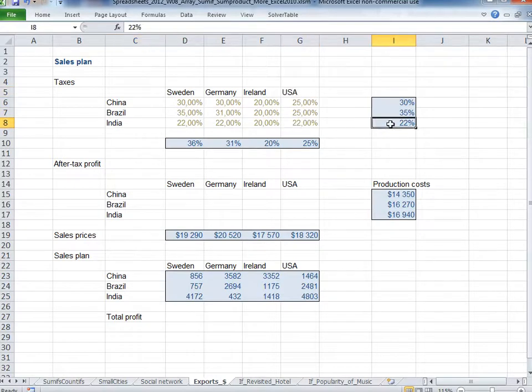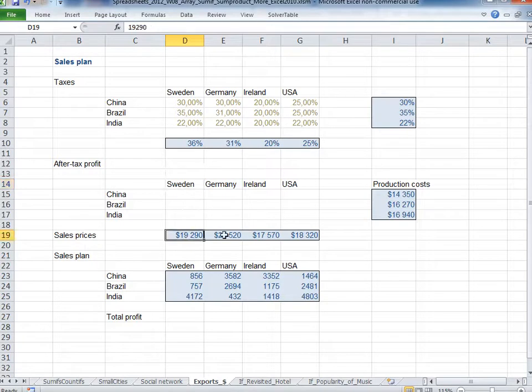Now the next thing we need, we already know how many we're shipping, but we need profits from one shipment, and then we get the total profits for the multinational in this time period. To get the profits for one shipment, we're producing in China and selling in Sweden. Our selling price is 19,000.